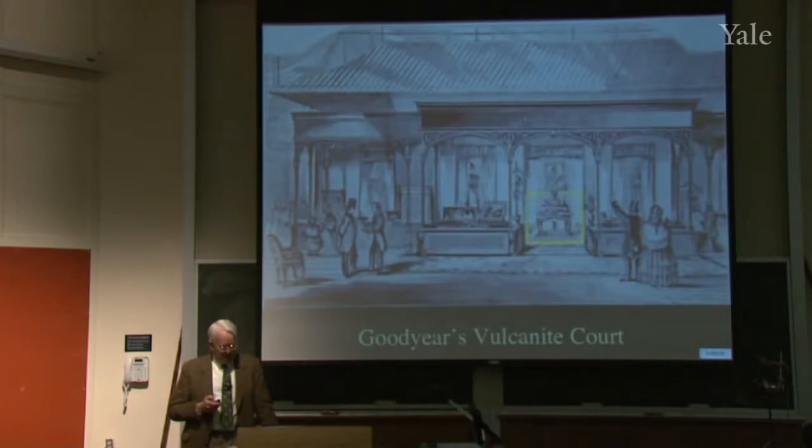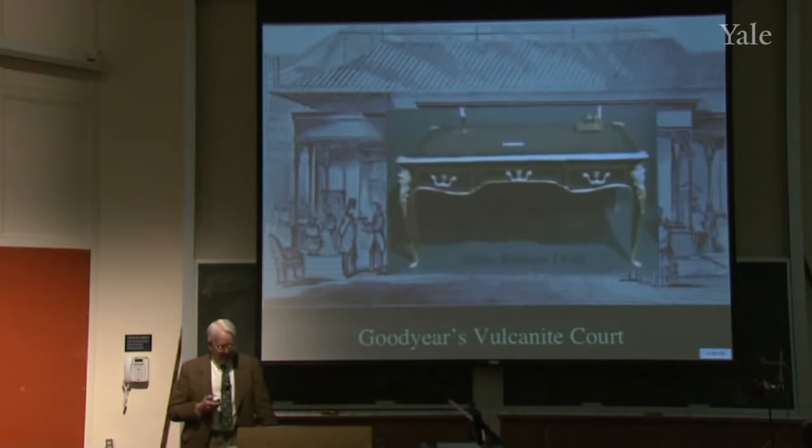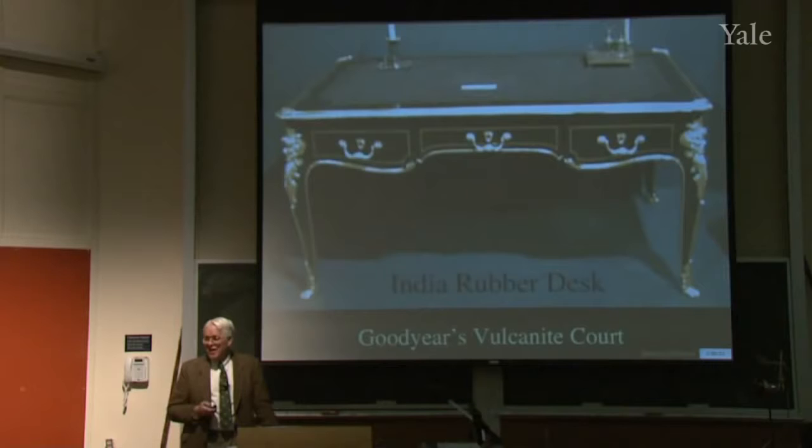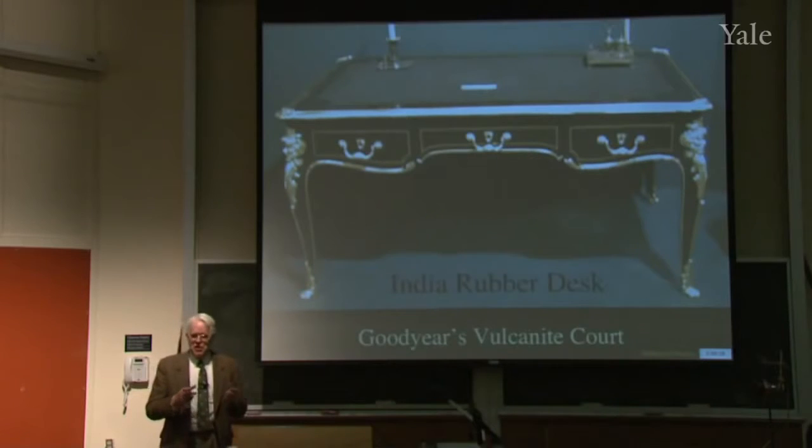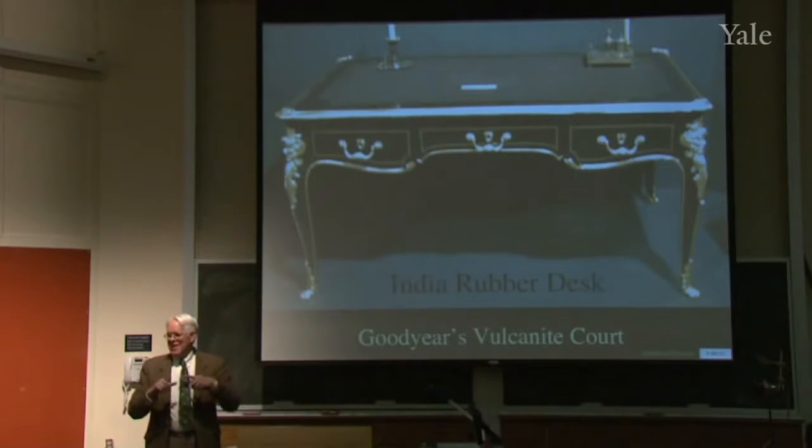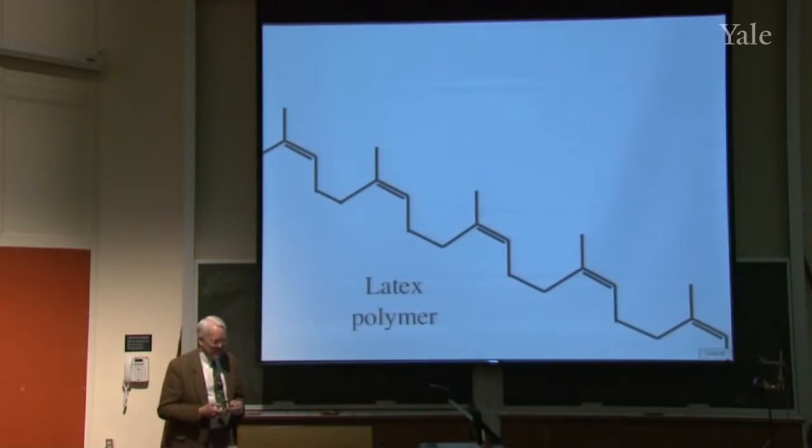And you see there's a desk, and that desk is made of rubber. And it still exists. It's in a museum up in Waterbury. He made everything out of rubber. You can't believe all the things he made out of. He proposed making bills for currency out of rubber so that you could wash them without destroying them. A lot of these things didn't catch on.